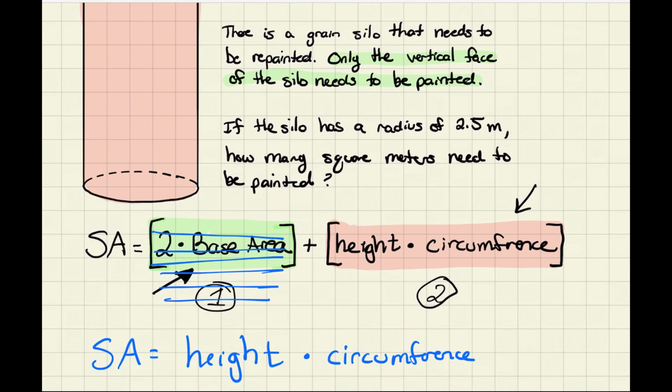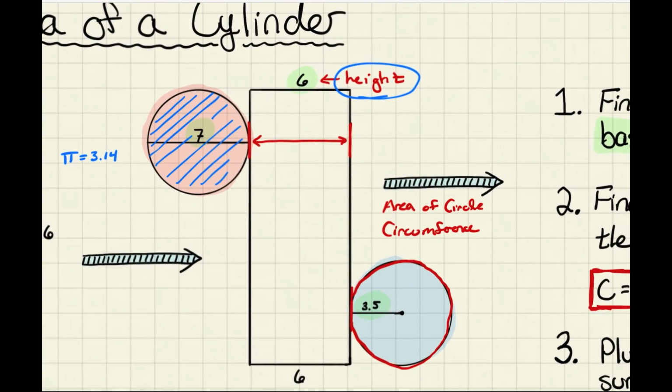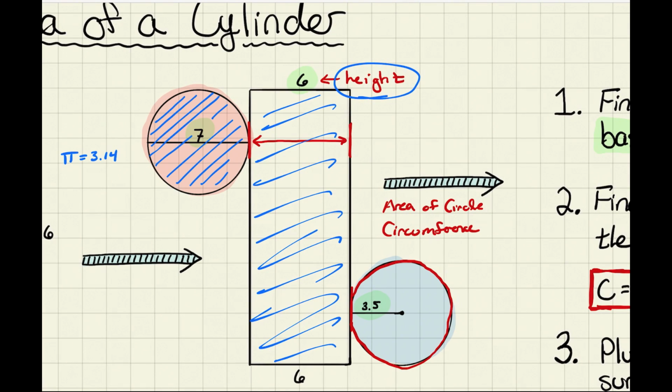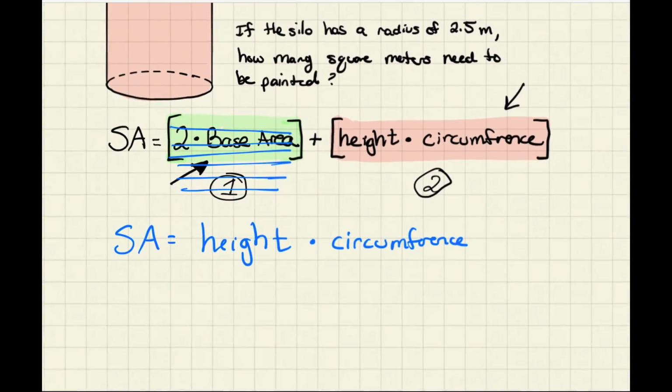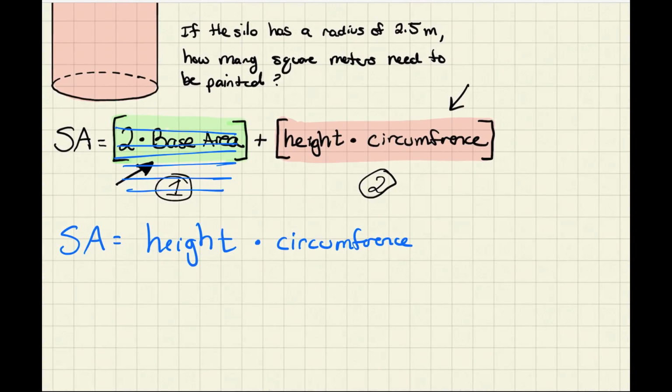So in this particular case, we don't need to find the full surface area of a cylinder. We only need to find the vertical surface area, that part of the silo or that part of the cylinder that wraps around. If we go back here in the net, that would be this rectangular area. That's all we're really technically finding. So let's find these two things.